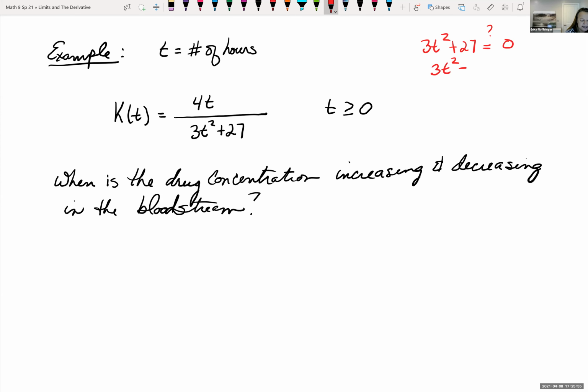Let's subtract 27 on both sides. If I divide by 3 on both sides, I get T squared is -9. And notice if I take the square root of both sides, I actually get an imaginary number, plus or minus 3i. I don't get a real number back. So not real. So there's no number which sets the denominator equal to 0.